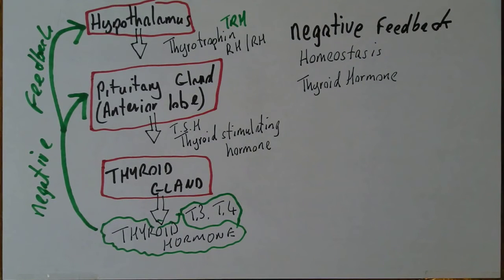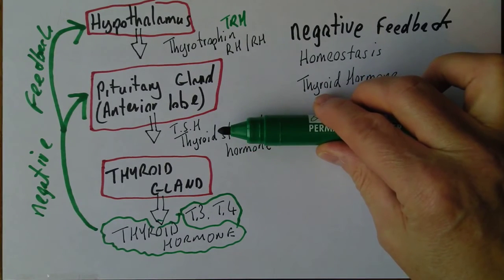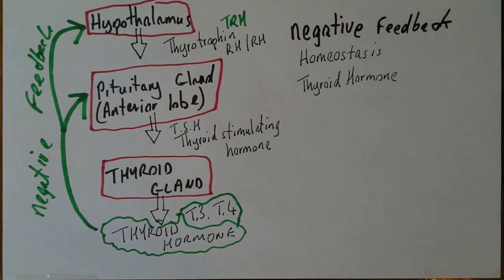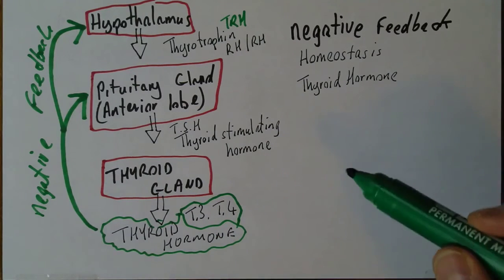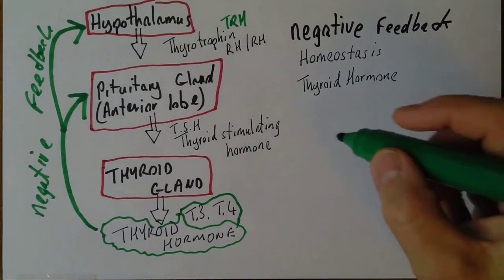And the situation is the same with some other endocrine glands. For example, if this was the pituitary gland, it could release ACTH, adrenocorticotropic hormone. So if we're thinking that this was the system controlling cortisol, there we would have the hypothalamus, and the hypothalamus would be releasing corticotrophin releasing hormone.